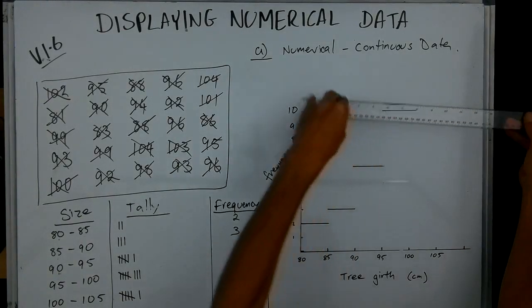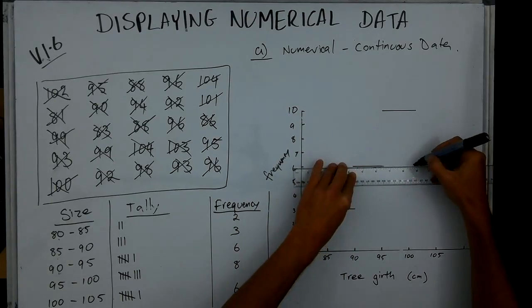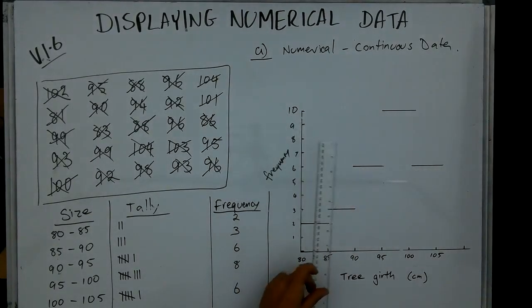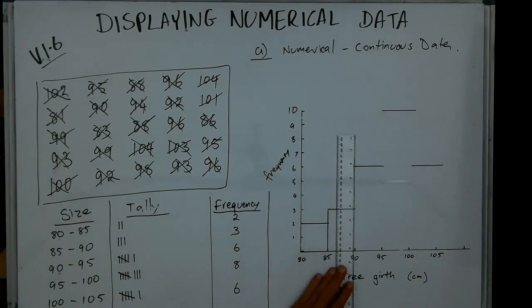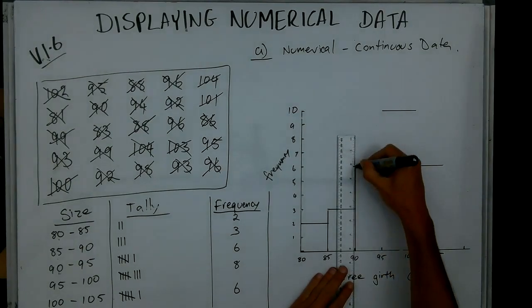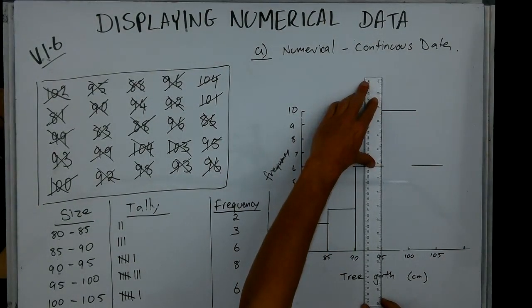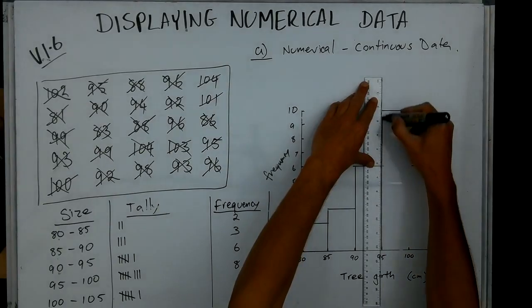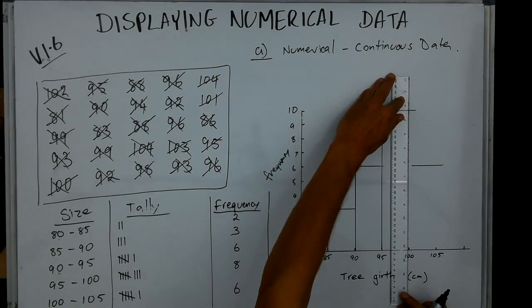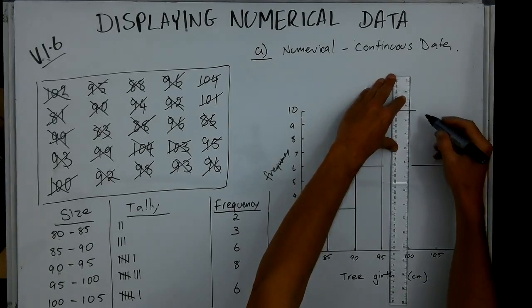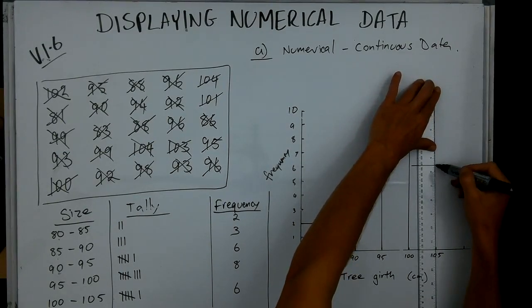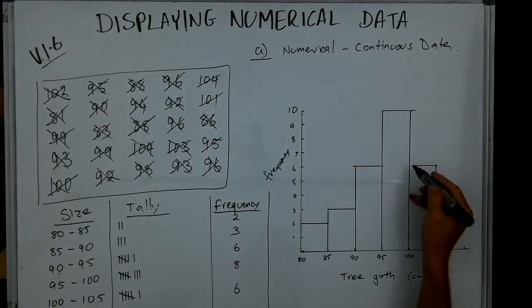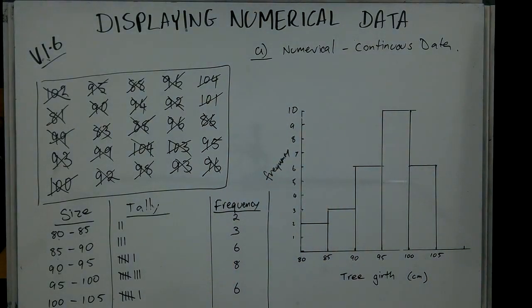And then 100 to 105 has 6. There we go, there's our histogram of the tree girth.